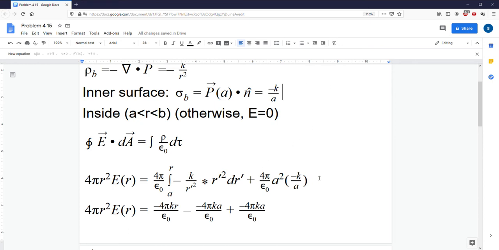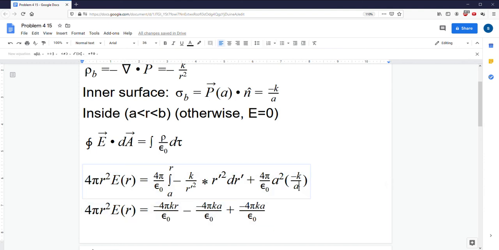Plus, this is the total charge enclosed on the inner sphere. The charge density is negative k over A. I multiply that by 4 pi times A squared, which is the inner surface area. Now you'll notice the r prime squared terms cancel out. And so this integral just becomes negative k dr prime, which means that it's the top minus the bottom.